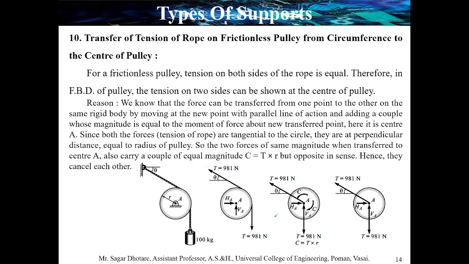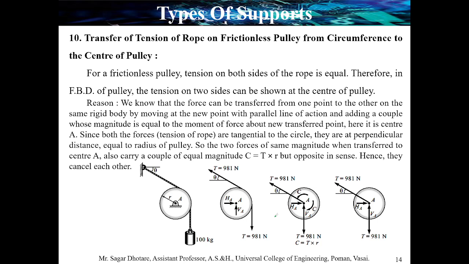Next one, if you want to transfer the tension of the rope on a frictionless pulley from the circumference to the center of the pulley, why is this required? As the pulley is frictionless, the tension on both sides must be equal. Therefore, in the free body diagram of the pulley, the tension on both sides is the same, and it is applied at the center.